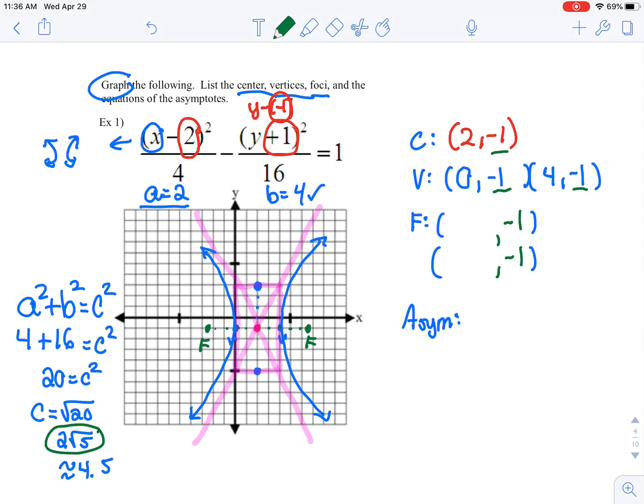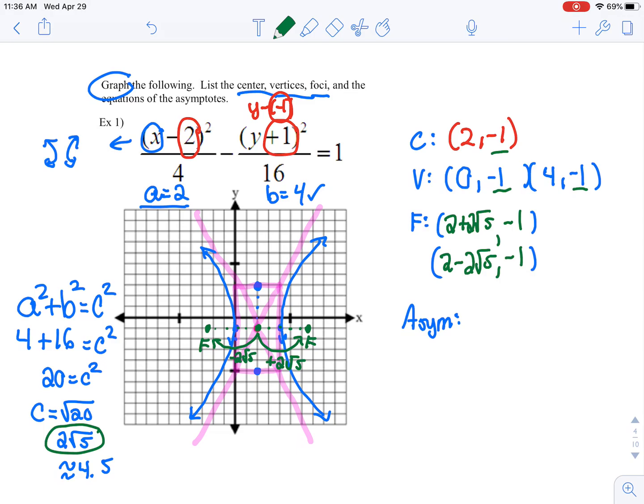What I did when I was writing my focal points, though, is I started at my center point, which had an x value of 2, and then I added that 2 root 5. So I'm going to write 2 plus 2 root 5. Then, back at my center point of 2, then I subtracted 2 root 5. So 2 minus 2 root 5. And again, there's my focal points using exact values.